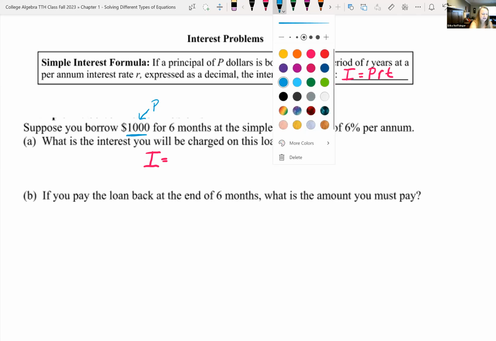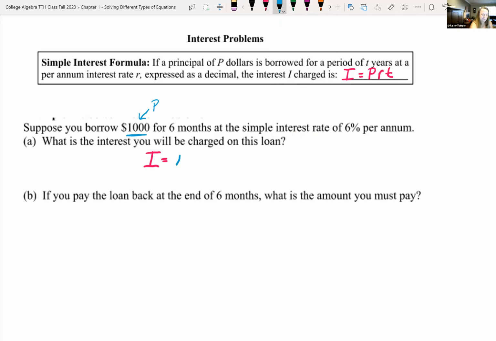So P is 1,000 times our interest rate R. Our interest rate, though, needs to be in decimal form. So 6% divided by 100 is 0.06.